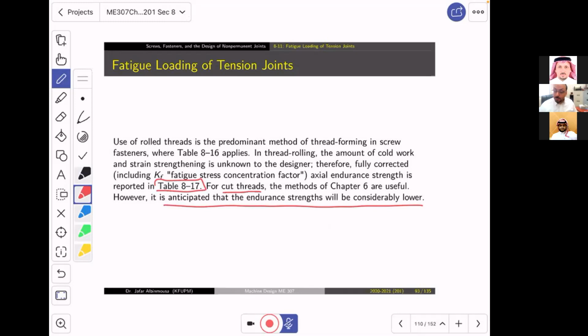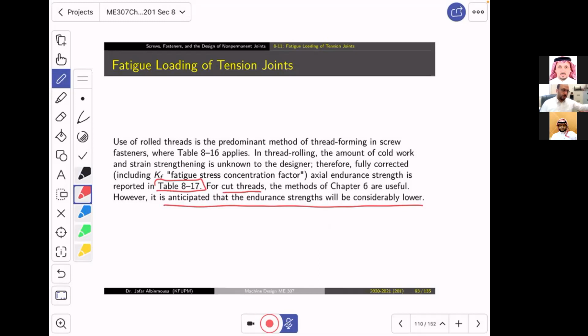So with respect to us in this textbook, we have access to this table. So we will always assume that this is a cut thread. Everything we will bring in the homework is going to be cut thread. If it is a cut thread, we will assume that the endurance limit is the same as rolled thread, and we will use KF differently for cut or rolled.